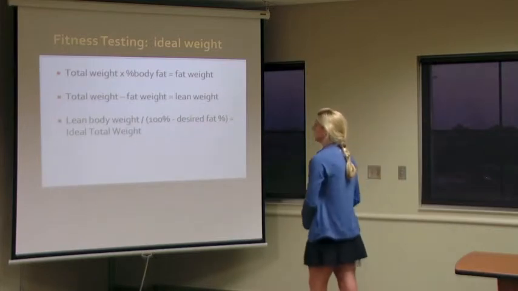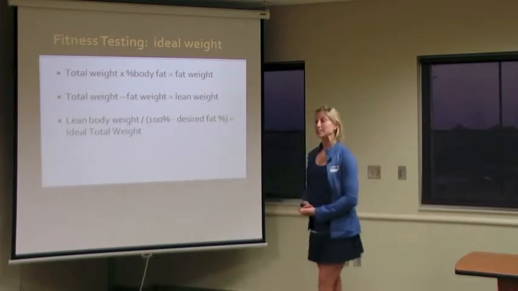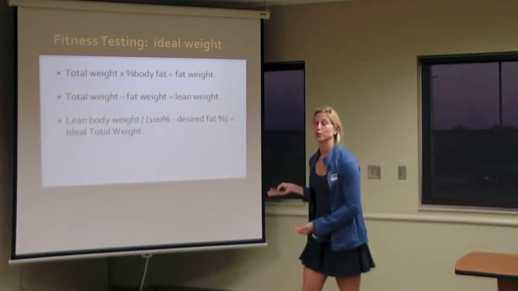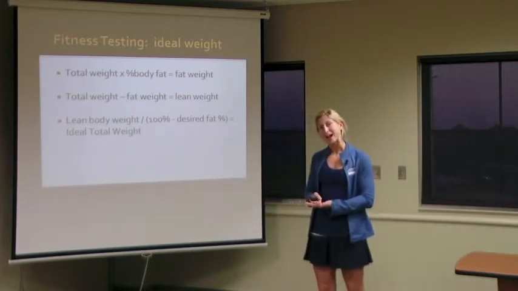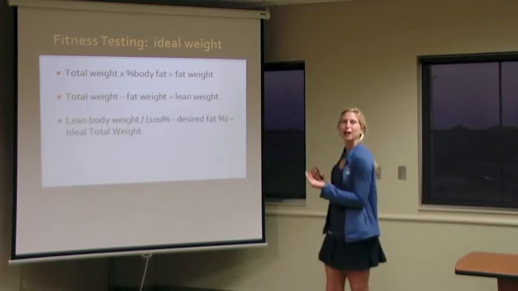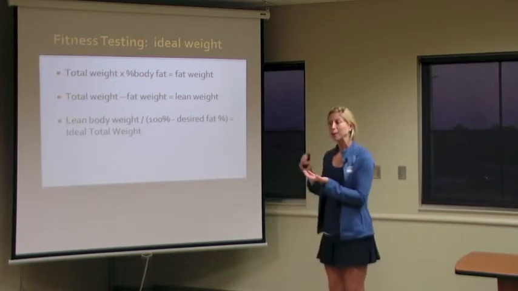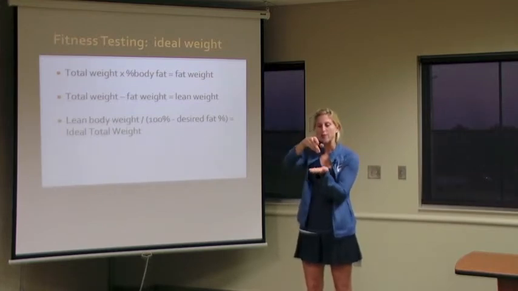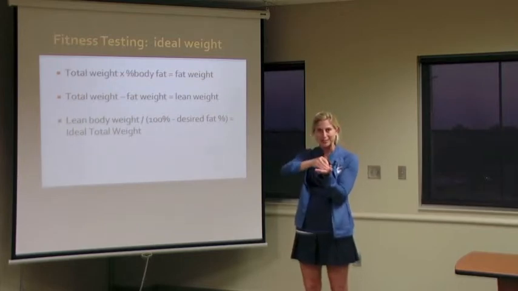Now, ideal weight takes into account someone's body composition. Ideal weight refers to the fat-free mass, or lean body mass, and someone's fat mass. Mass, remember, or their weight, is the amount of them pressing down on the scale.